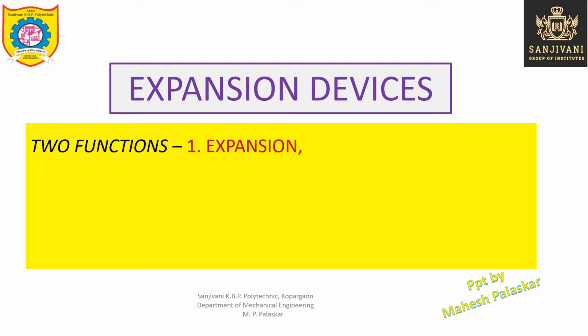One more function is performed by the expansion devices in the refrigerating machines, especially the vapor compression refrigeration systems, and that function is to control the flow rate of the refrigerant which is flowing in the line. The refrigerant is flowing from the condenser to the evaporator through the expansion device.